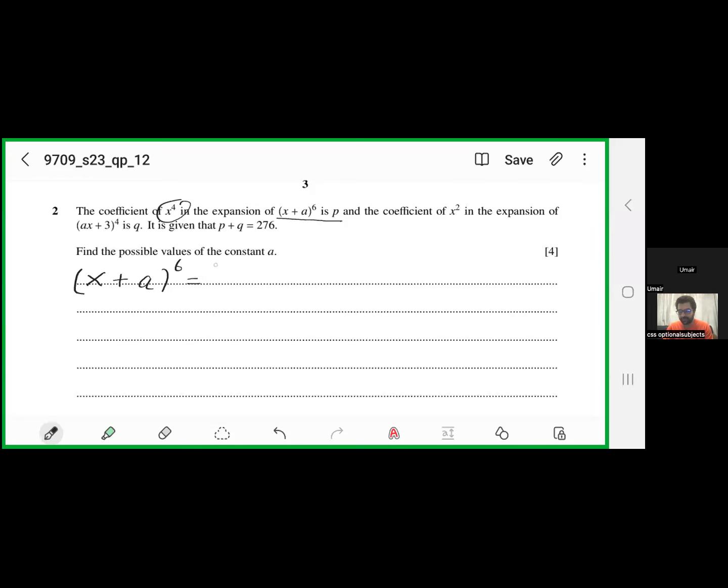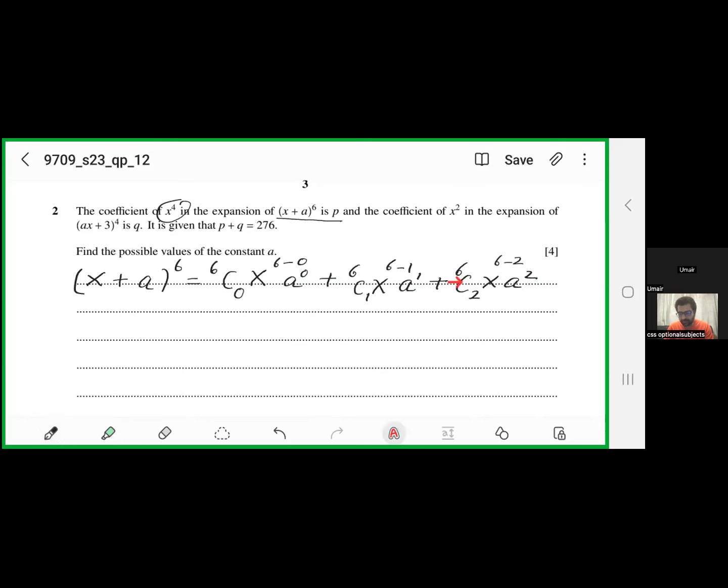To expand this: 6c0 x power 6 minus 0 and a power 0 plus 6c1 x power 6 minus 1 a power 1 plus 6c2 x power 6 minus 2 a power 2.